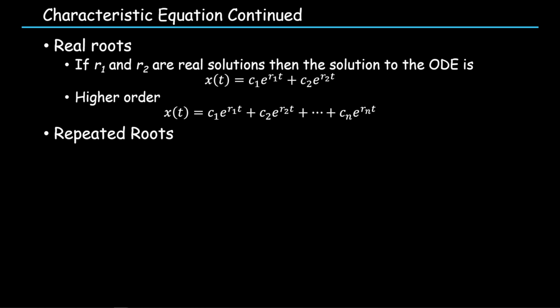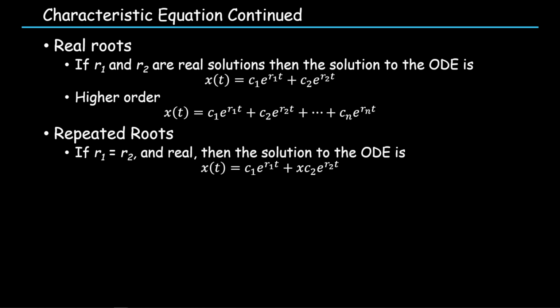Repeated roots. Well, repeated roots pretty much means that both r1 and r2 are the same, and also that they're real, and that means that our solution to the ODE will be in the form of x of t equal to C1 e raised to the r1 t plus t times C2 times e raised to the r2 t, where again C1 and C2 are arbitrary constants.